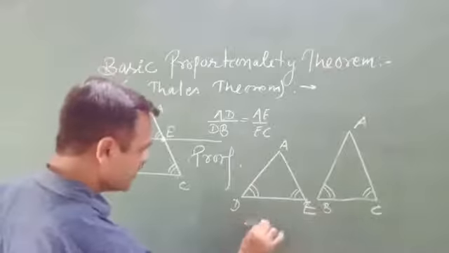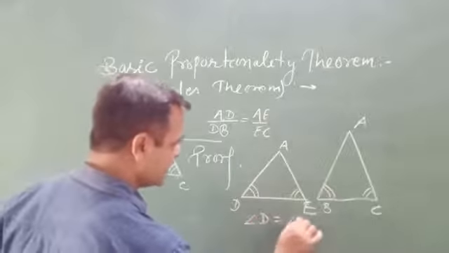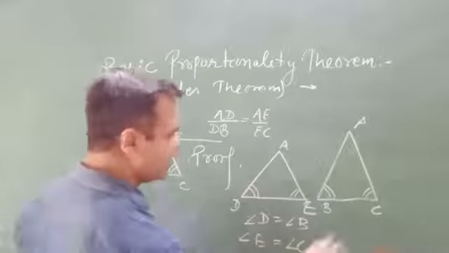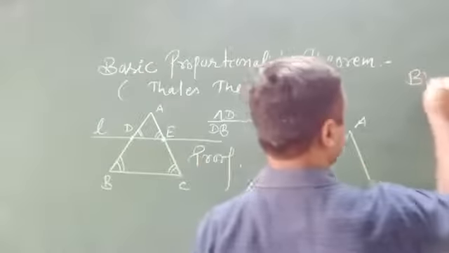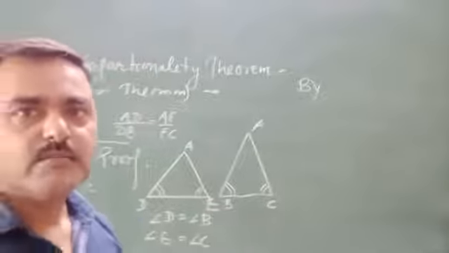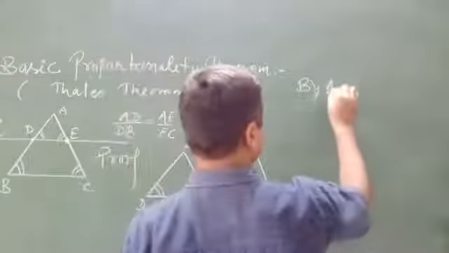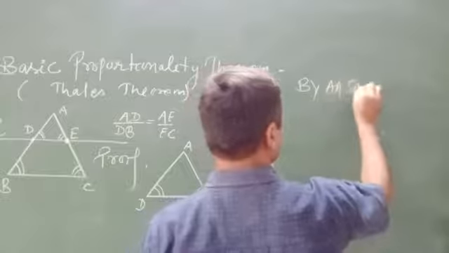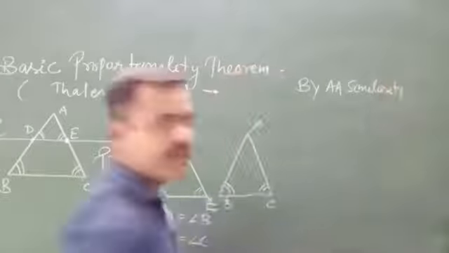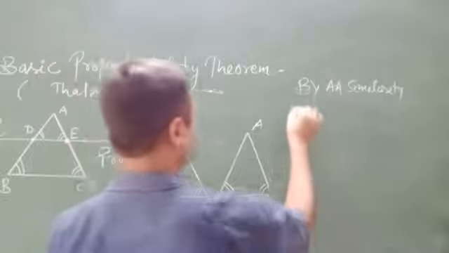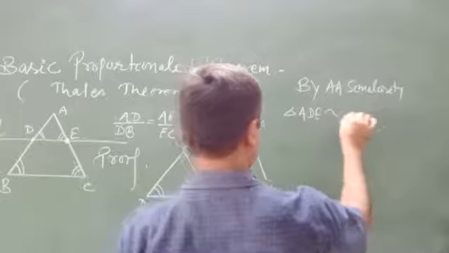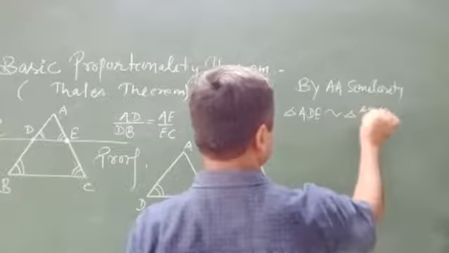Since angle D equals angle B and angle E equals angle C, by AA similarity, triangle ADE is similar to triangle ABC.